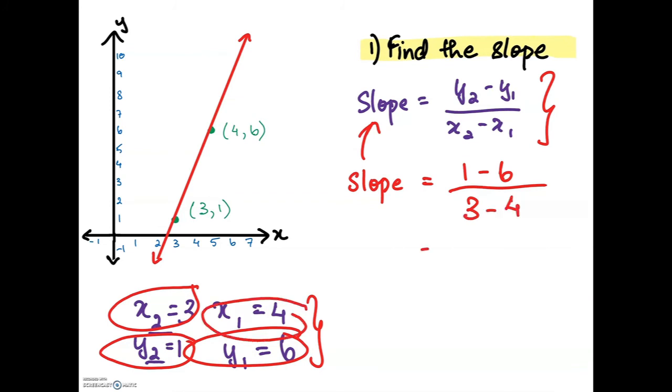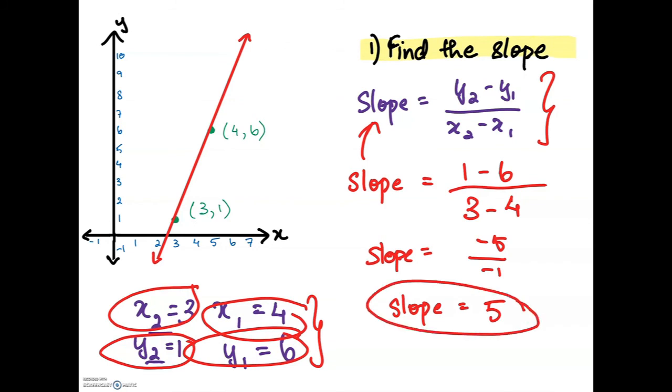Now if you simplify this, you're going to get that the slope is equal to negative 5 over negative 1. And if you simplify that even further, negative 5 over negative 1 is just positive 5. So we figured out that the slope of our equation is 5.